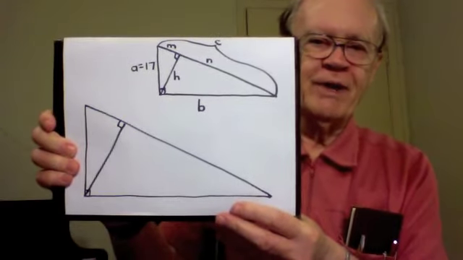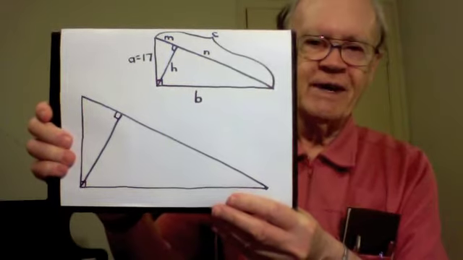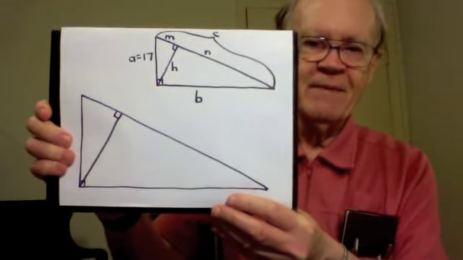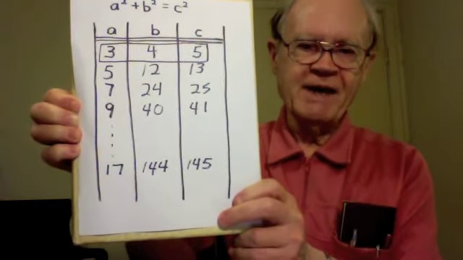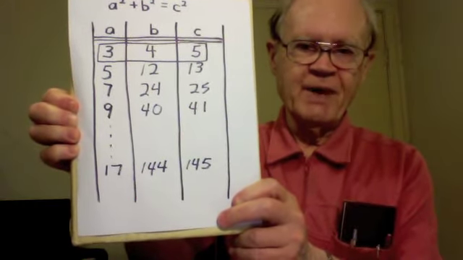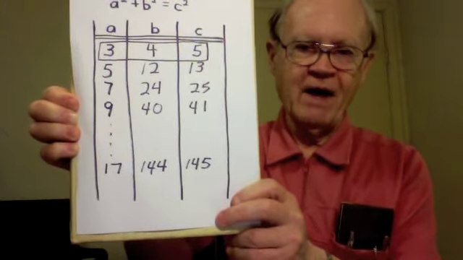Now turning to the other challenge, where A, instead of being 3, is 17. We said earlier that in this table, when A is 17, B is 144, and C is 145.